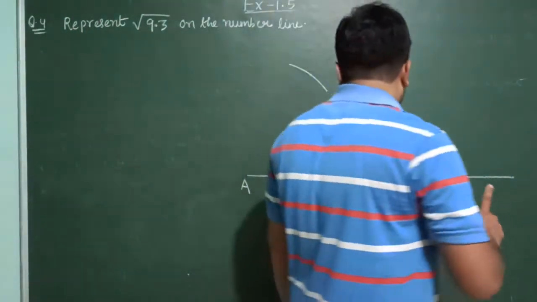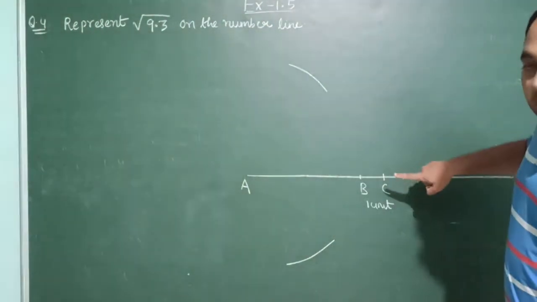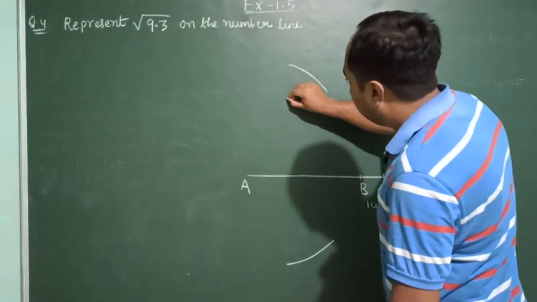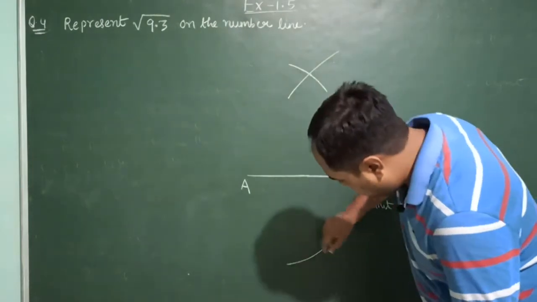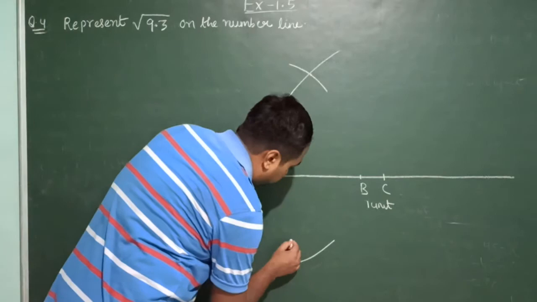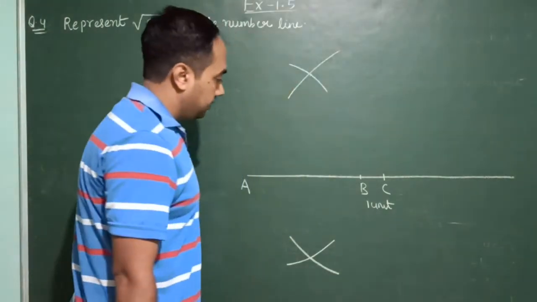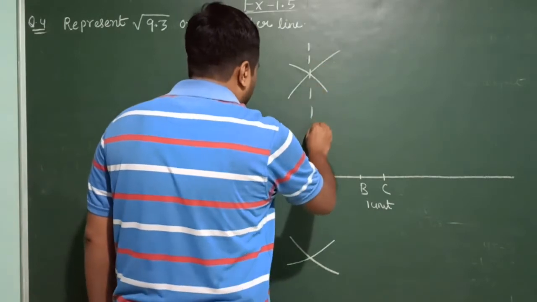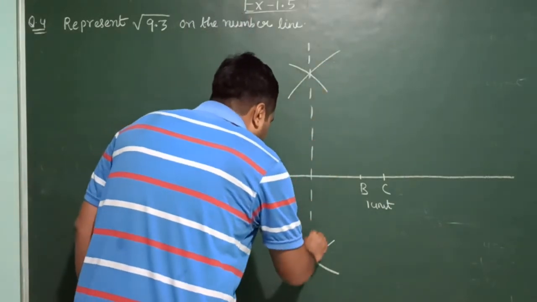Now do not change the radius of the compass. This time place the needle of the compass at point C and cut an arc above as well as below, like this. Then join them by a dotted line.